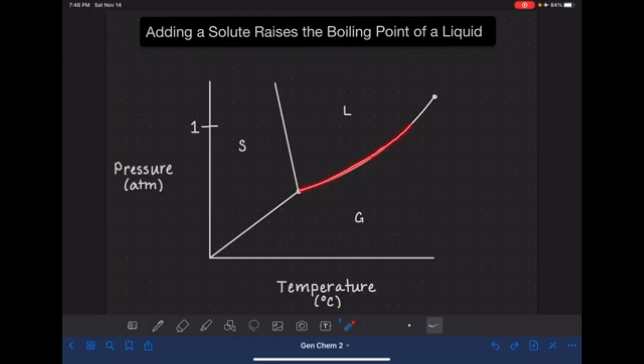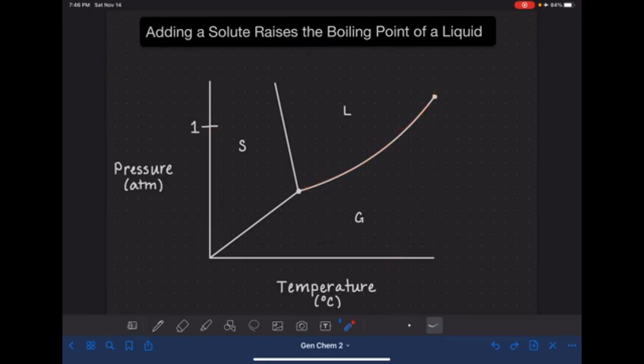So this line that I'm highlighting here represents all of the possible pressure-temperature combinations where the substance is converting from a liquid to a gas, or boiling. The boiling point of a liquid, the temperature at which the substance boils, is defined as the pressure-temperature combination that falls along this liquid-gas line and corresponds to normal atmospheric pressure.